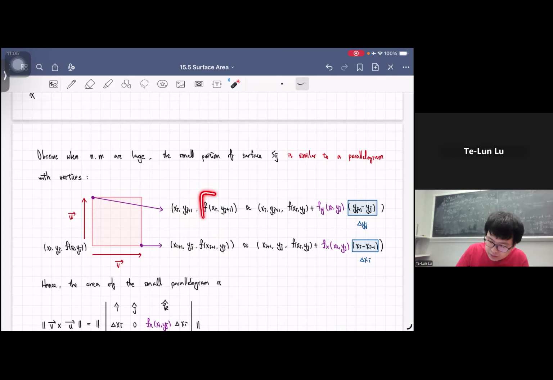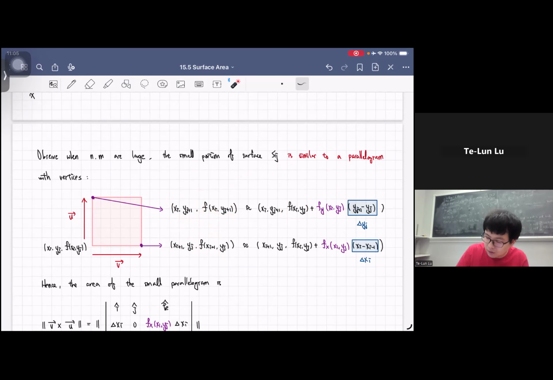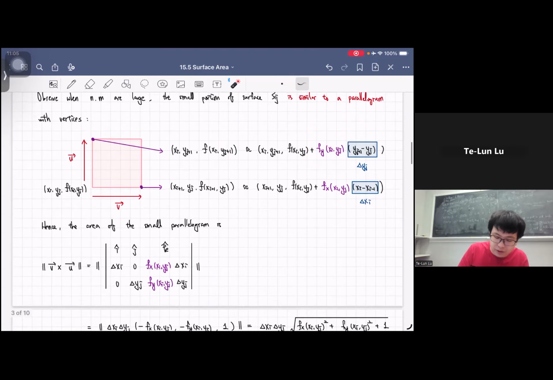So basically, this will be f(x_i, y_j) plus the slope along y, that is the derivative of f with respect to y at (x_i, y_j), multiplied by the difference y_{j+1} minus y_j. For convenience, let us denote that by delta y_j. Similarly, for this data point here, you can evaluate using a linear approximation.